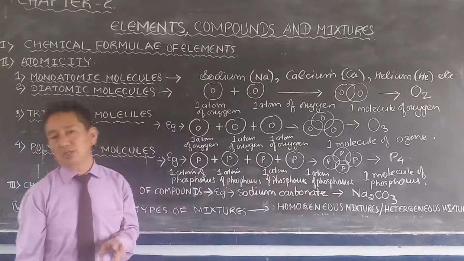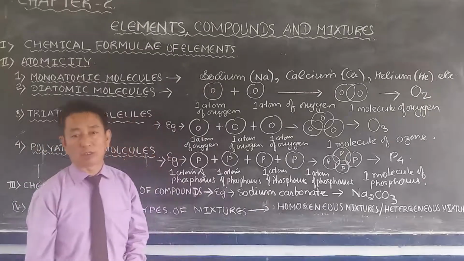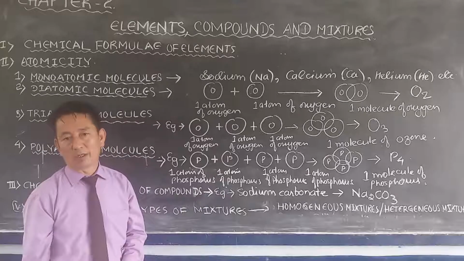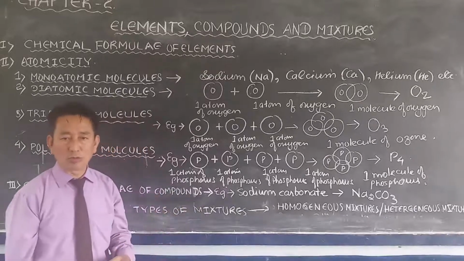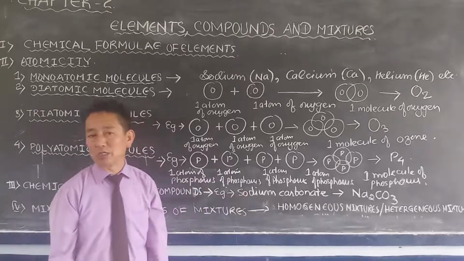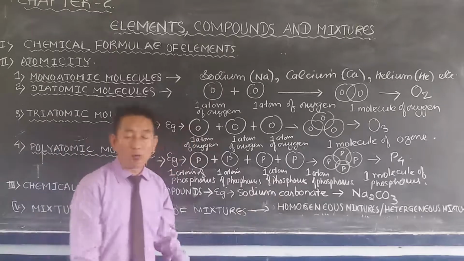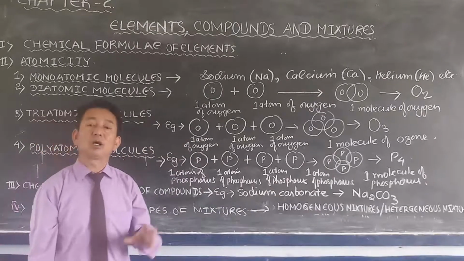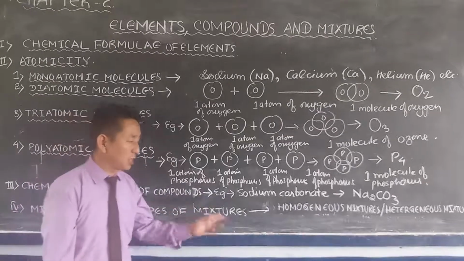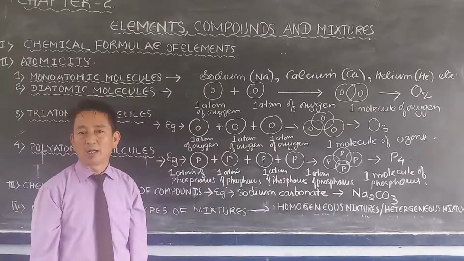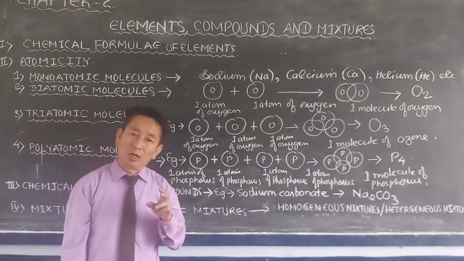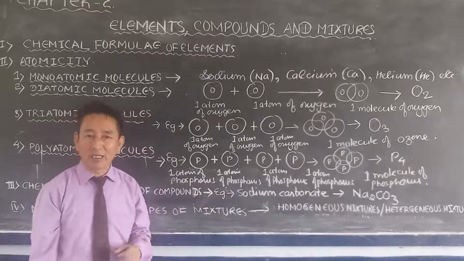A homogeneous mixture is a mixture in which the components are distributed equally throughout the mixture. Examples are salt solution, sugar solution, milk, etc. Once again, a homogeneous mixture is a mixture in which the components are distributed equally throughout the mixture, and examples are salt solution, sugar solution, milk, etc.